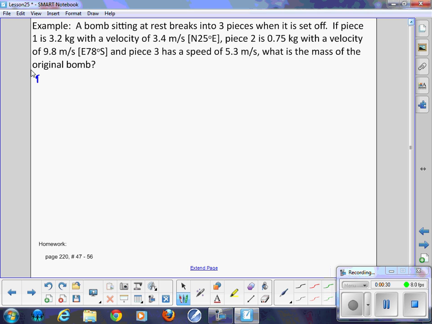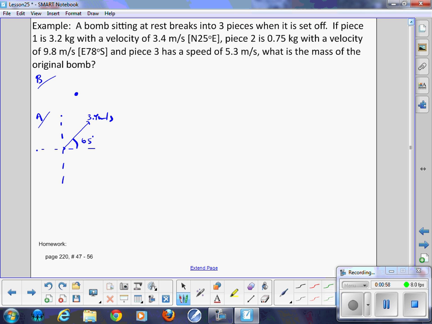So the before situation is simply just a dot. There is no momentum, so to speak. The after, though, we have three pieces breaking off. Piece one heads north 25 degrees east. So 25 degrees is not the angle I want to use. I want to use 65 degrees, and it was 3.4 meters per second.